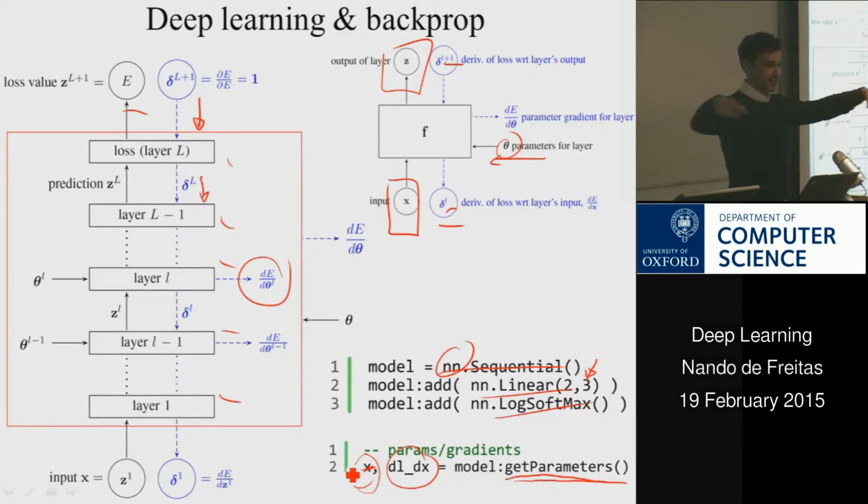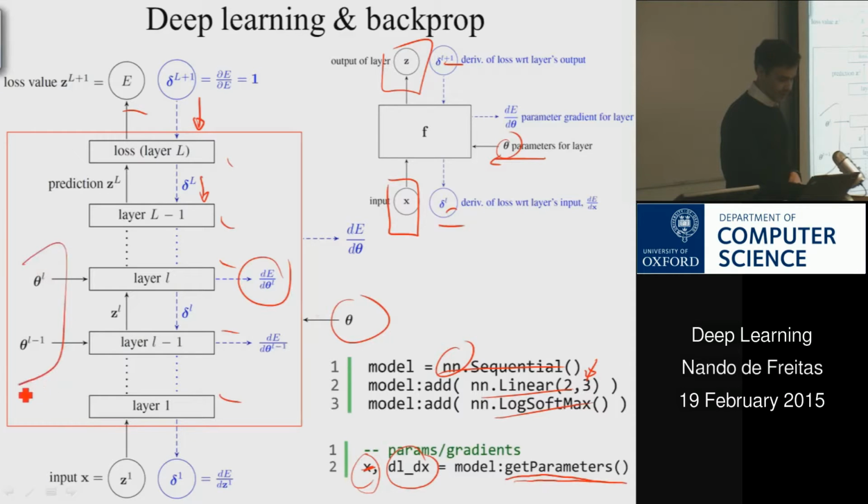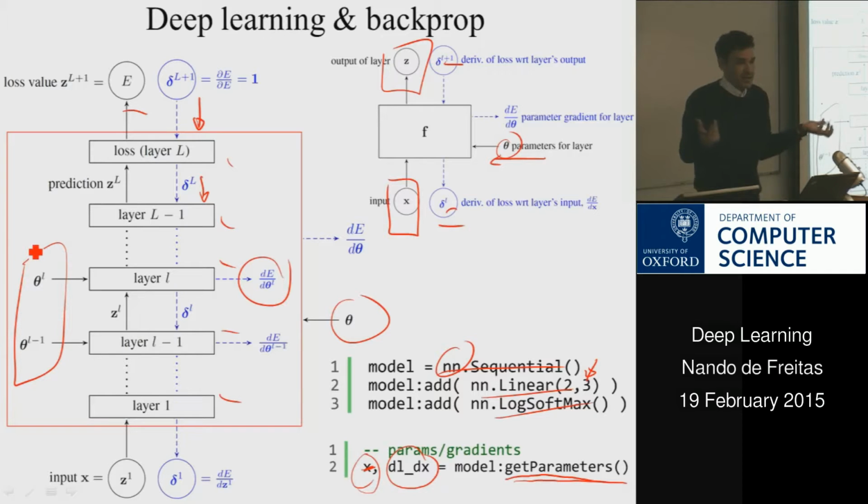There's a single storage for all your parameters. They get appended one after the other. And that's more or less what's going on here. I have a single parameter vector which consists of all these parameters appended. So you could think of that input parameter as getting broken into the parameters that go into each layer. It's essentially how Torch works.